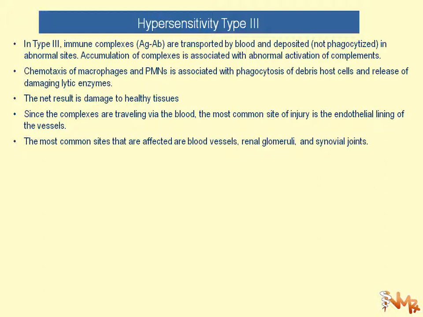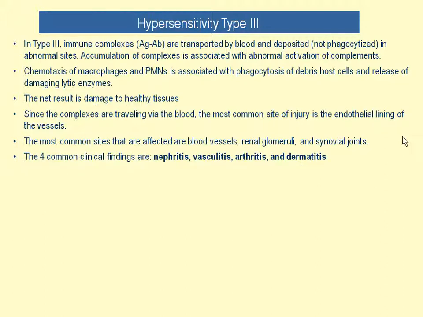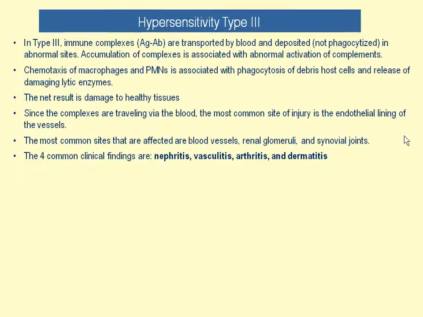If you want to add a number 4, you can add skin to your list. Therefore, the 4 must-know clinical findings in type 3 are nephritis, vasculitis, arthritis, and dermatitis.